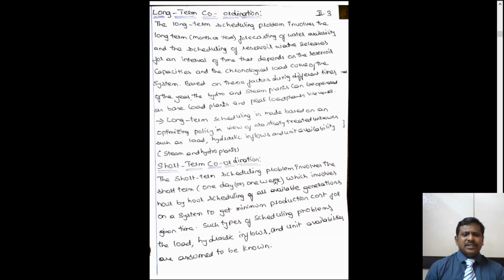Again, in case of the Sealeru power plant, we have two types, the lower Sealeru and upper Sealeru, but we are not bothered about it. We will just have it as a Sealeru hydro power plant. So here we have two types of plants: one is a Sealeru hydro power plant, and another one is a thermal power plant. Okay.